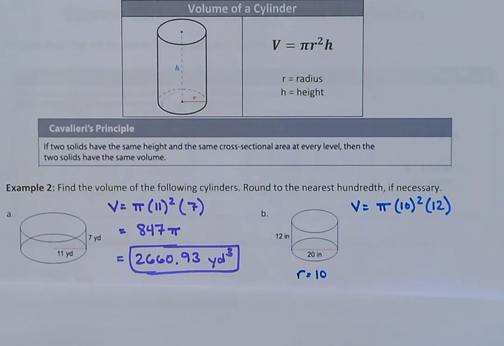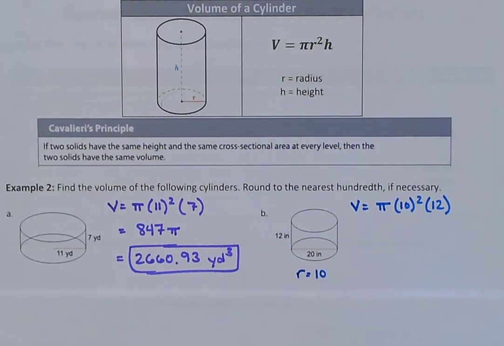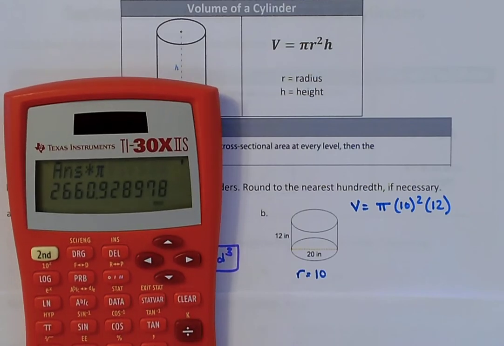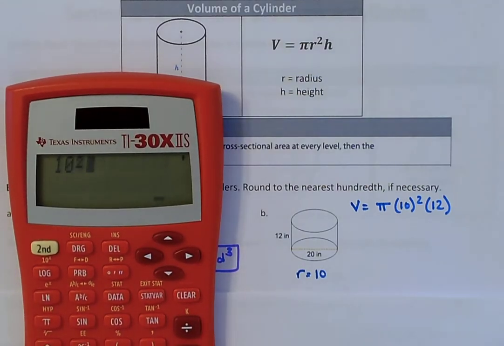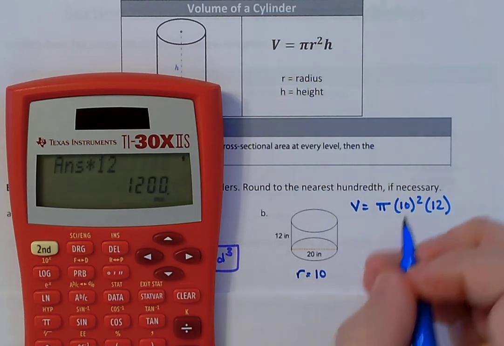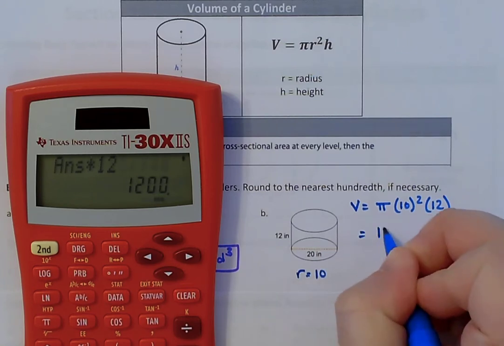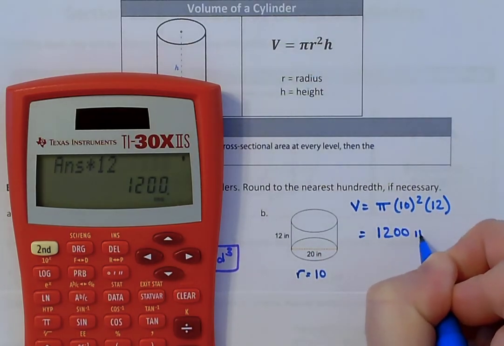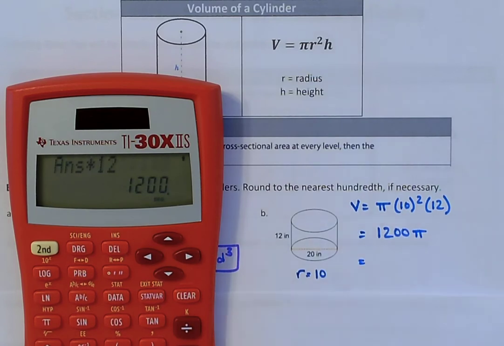All right, so if we go through and calculate this, the first thing I'm going to do is 10 squared. That gives me 100 times 12, which gives me 1200. So we now have 1200 pi. All we have to do is multiply that pi in, 3.14, and we end up with 3,769.911.